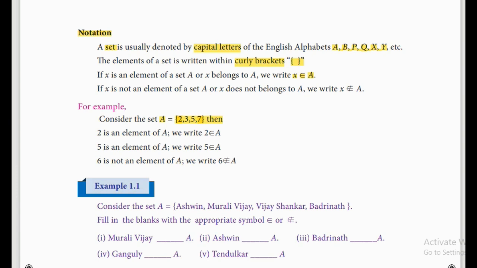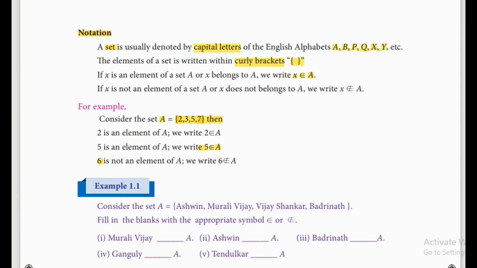So look at the next one. 2 is an element of A, so we can say 2 belongs to A. 5 is an element of A, so we can write that 5 belongs to A. Next, 6. Is it in that set?